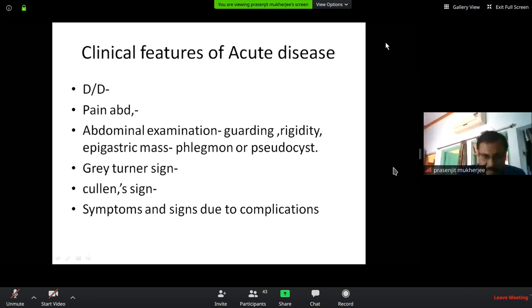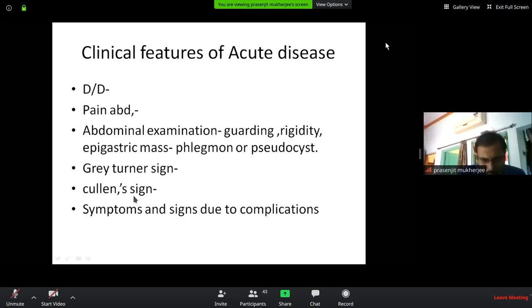You may find an epigastric mass, which may be due to a pancreatic phlegmon or due to a pseudocyst. Grey Turner sign is extremely rare, usually seen due to retroperitoneal hemorrhage, and blood trickles through the retroperitoneal space, and there is discoloration of the flanks.